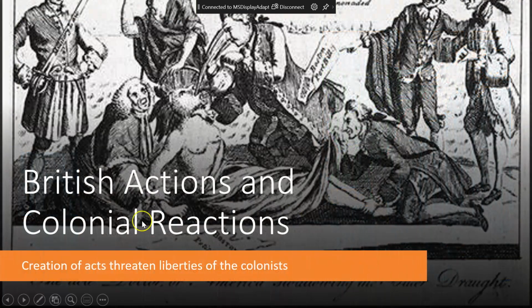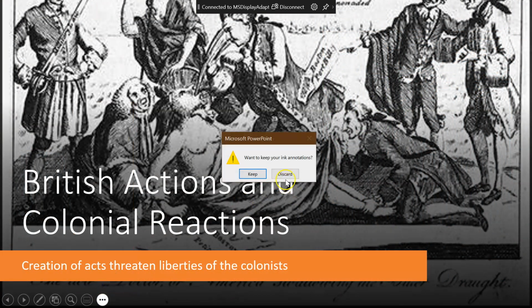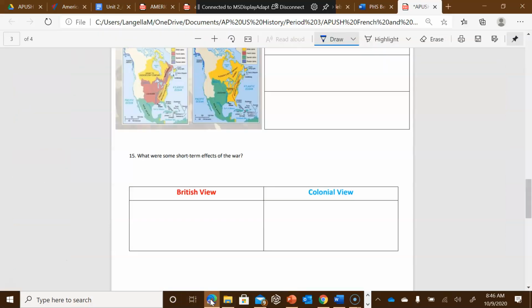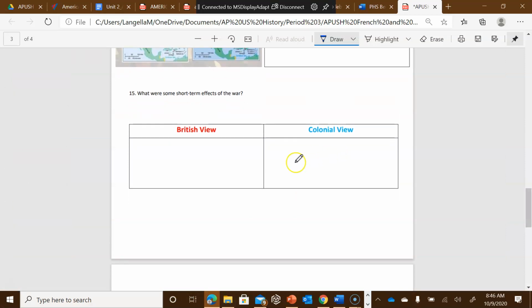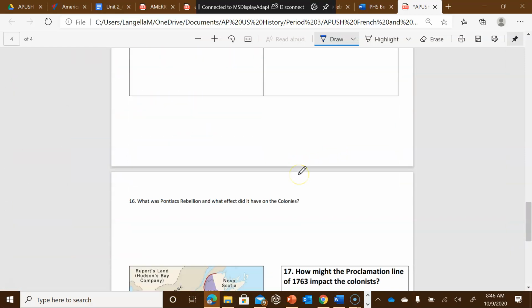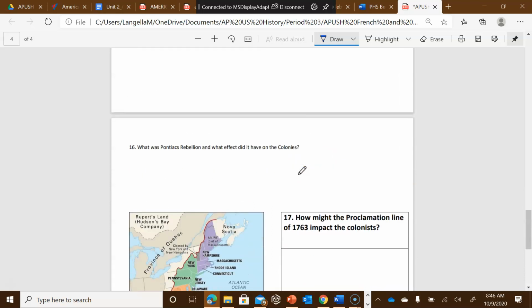Okay, so let's look at the worksheet and go over the info so we're all on the same page. We know the British view and the colonial view, right? We know how they view themselves. What was Pontiac's Rebellion and what effect did it have on the colonies? Where was it located?